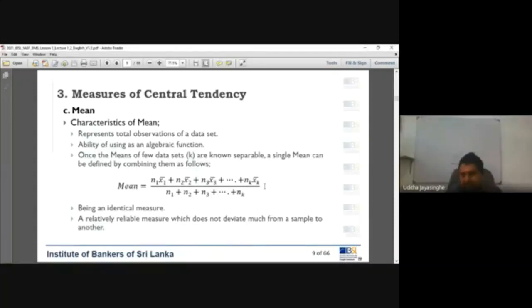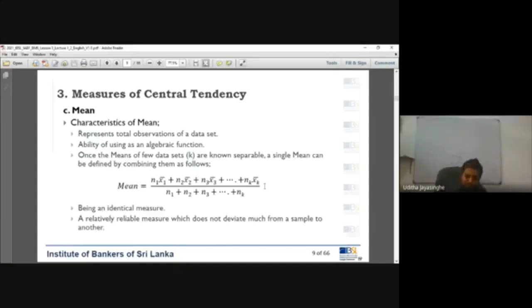We discussed 700 students, 1000 students, 1200 students, 500 students. Likewise, we now have a couple of separate data sets from, let's say, separate districts, and we know the means. So we don't necessarily have to add everything together, add the individual numbers of those 700s and thousands and 1200s, and divide by maybe 3500 to get the mean.